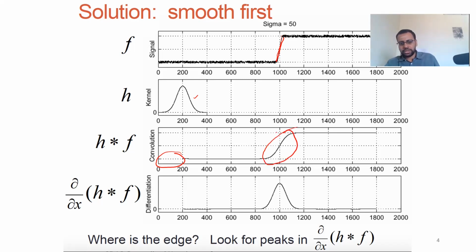Now after that, you apply a derivative here. So obviously at the center, it will give you a peak. So what is now going to happen? Wherever your derivative is maximum, that is where there is an edge.